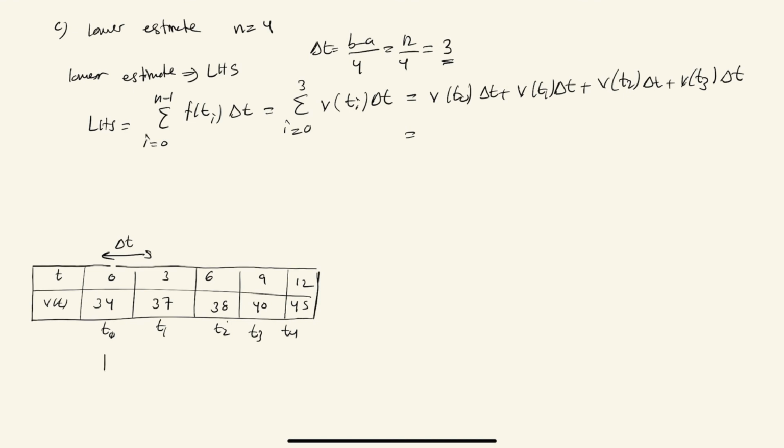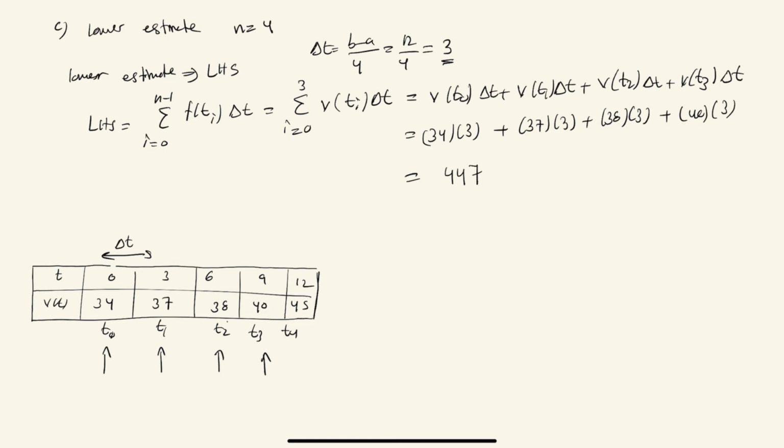Now I just have to plug these values into the summation notation. So v(t0) is going to be 34 multiplied by the width, and then v(t1) is going to be 37 multiplied by the width, then v(t2) is going to be 38 multiplied by the width, then v(t3) is going to be 40 multiplied by the width. This will result in 447.